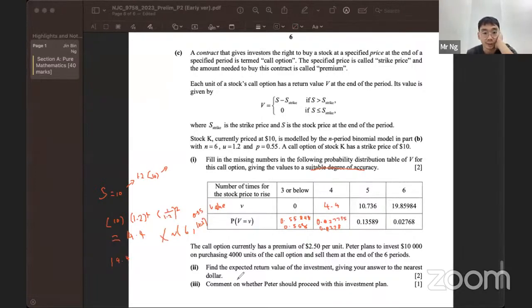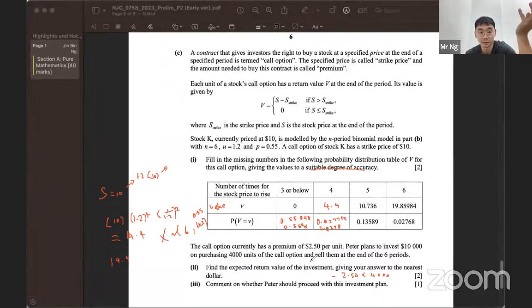Okay, expectation of the return value, so all the different values. For example, minus away this one per unit. He buys 4,000 units, so there's a cost price. The cost is constant, but your earnings are unknown. So what are the earnings?